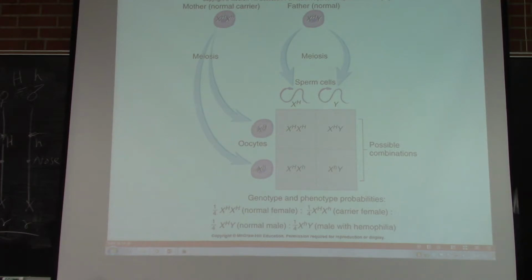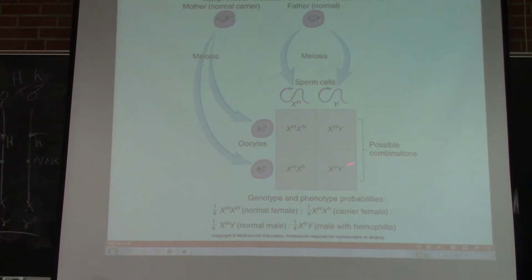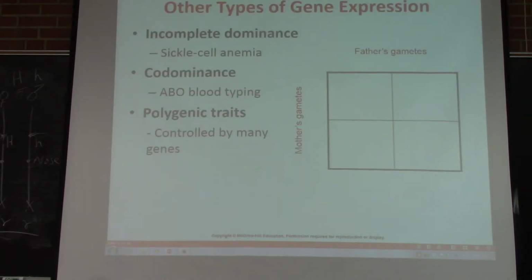The only one who will not have this disease will be this one son that they have. Everybody else will have this disease. So this is the condition we have seen so far, the conditions based on dominant and recessive alleles.